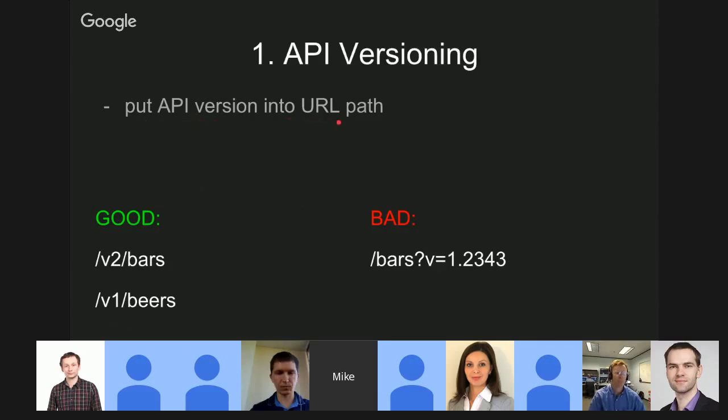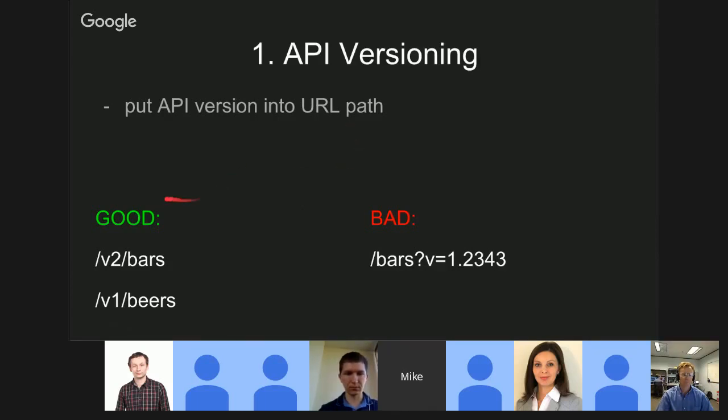First of all, you should version your API, and the reason is again the same: when you create your API once, you won't be able to change it on the fly, because clients will encounter errors if you change it without any notification. So the main practice here is to create a version of your API, and if you really need to change something, you just create a new version of it.